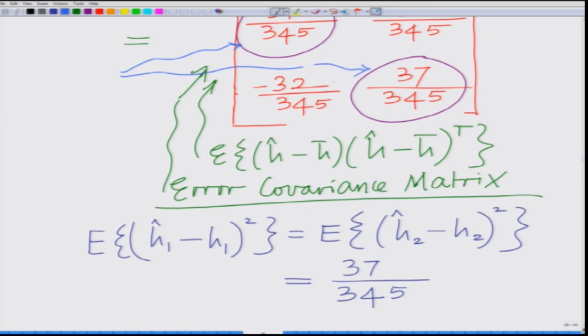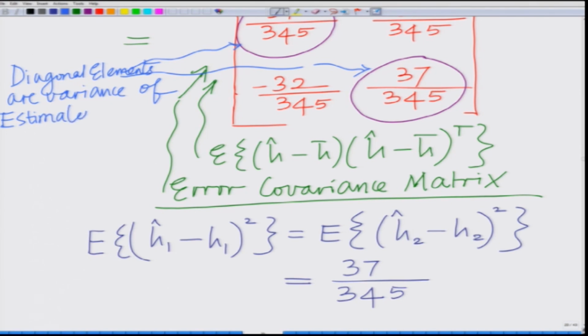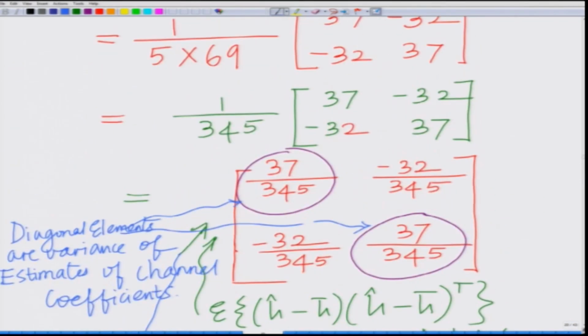These diagonal elements are variances of the estimates of the channel coefficients. Okay. So, the diagonal elements are the variances.